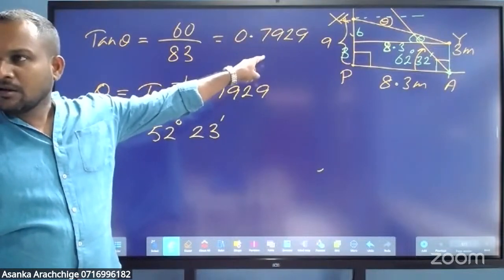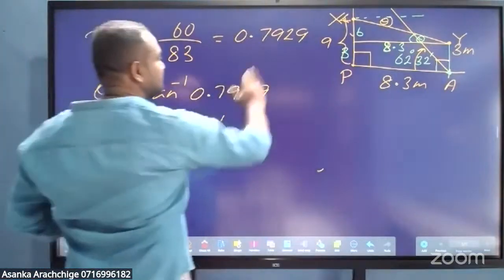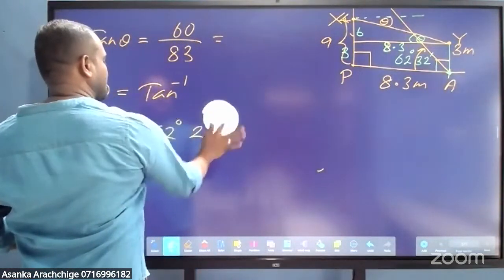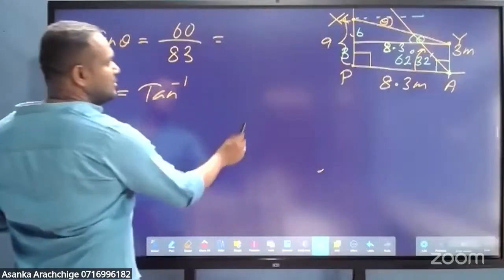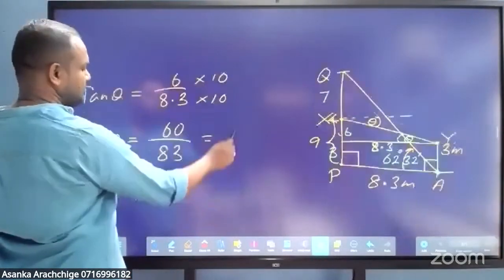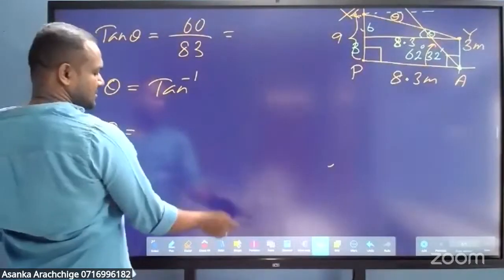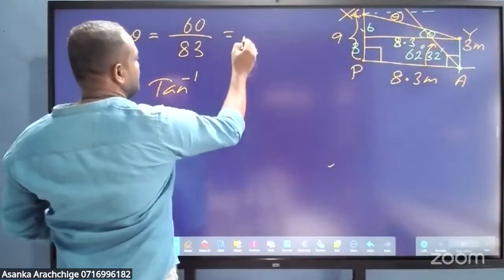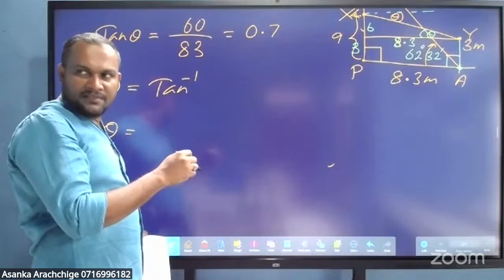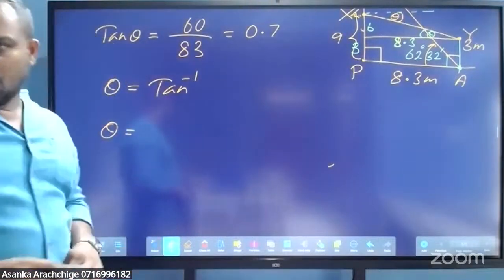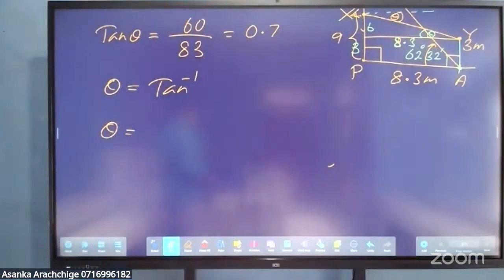The value we got was 0.7729. Online, one of the online students tell me what is the value we got here? Nobody speaks, right? 7729.